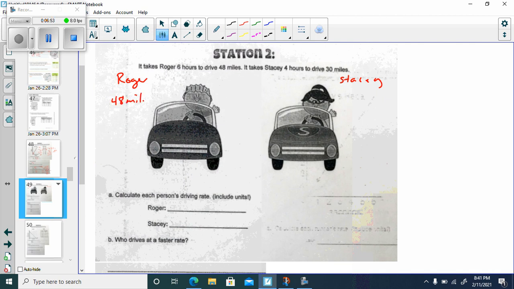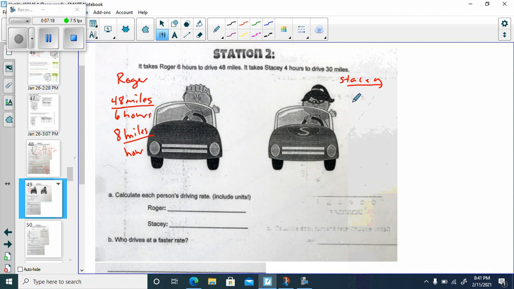See, if we're talking a rate, the time's going to go on the bottom. 48 miles in 6 hours. Okay? To get to the rate, you divide 48 by 6 to get to your unit rate. 48 divided by 6 would give you 8. You'd be going 8 miles per hour. Pretty slow, right? Driving at 8 miles per hour.